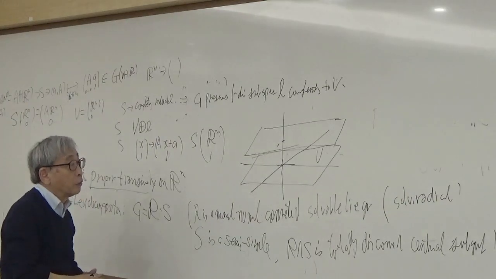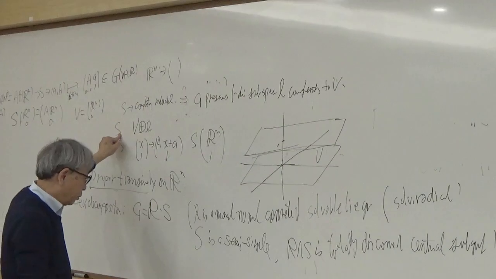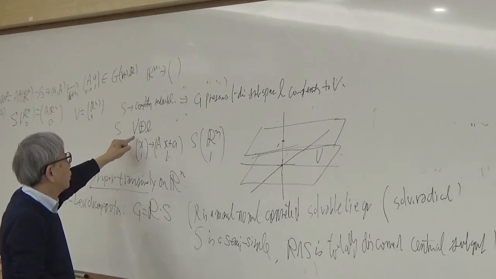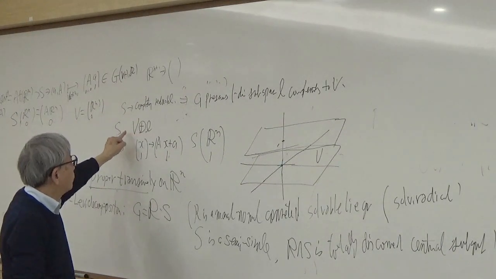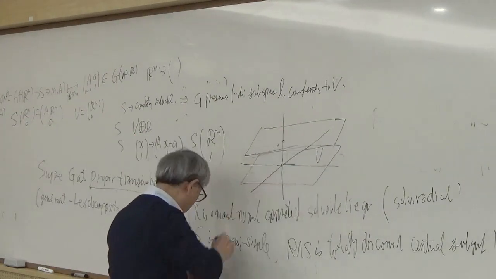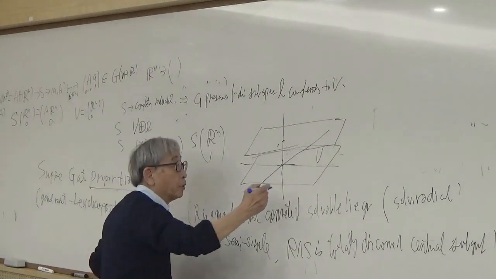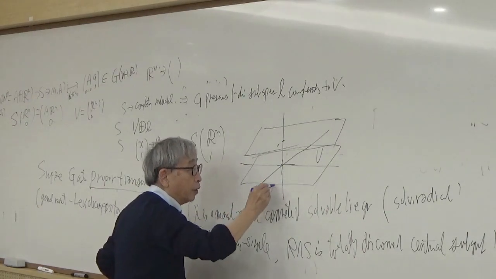This affine space is lying here. I said that because S is semi-simple and completely reducible, if S preserves V, then it also preserves a one-dimensional complementary vector space L, starting from here.